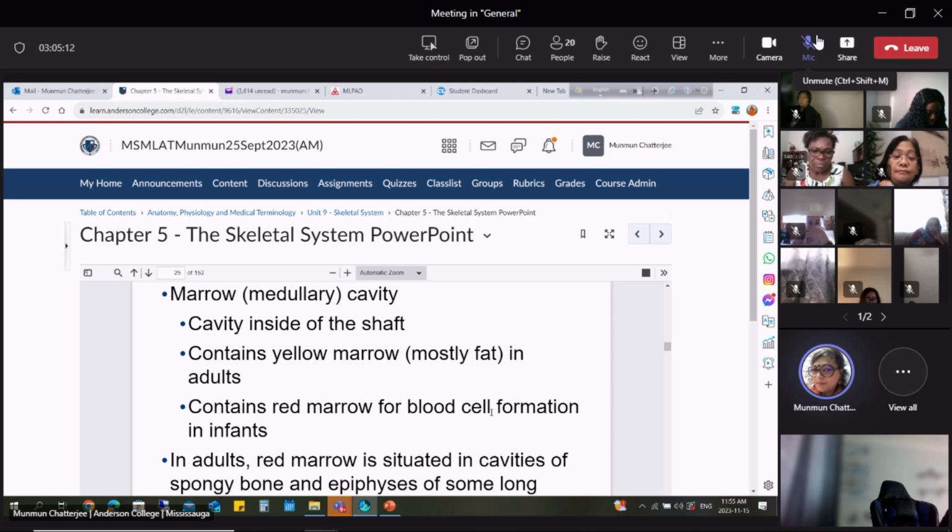Mainly in kids or infants, the whole marrow, at that time they don't have the fat or anything. The whole marrow is filled with red bone marrow, because there is more red blood cell production as they are developing. Then you can ask me, how are we forming our blood if there is no bone marrow in the adult?